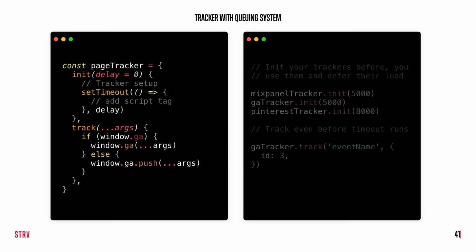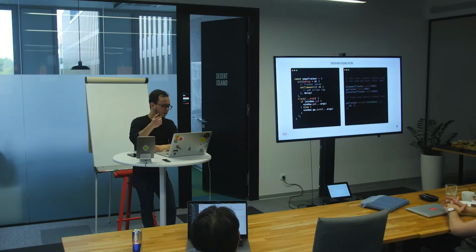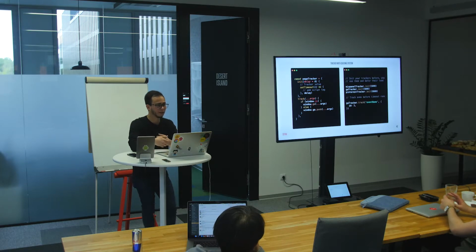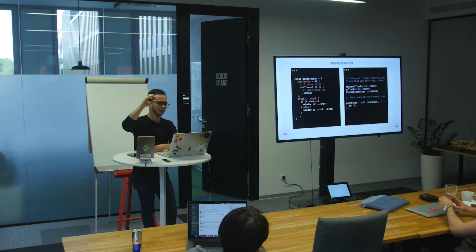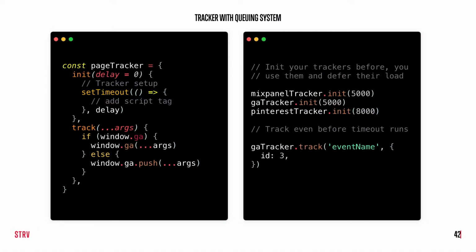This way we can delay the execution of our trackers. And track itself is just going to check if it exists, and if so, do the thing. If not, it's just going to push it. Then we can, for example, call these trackers at the beginning of our code, and we're just going to defer them for 5 seconds, 8 seconds. We have to play with the number to see what makes sense.